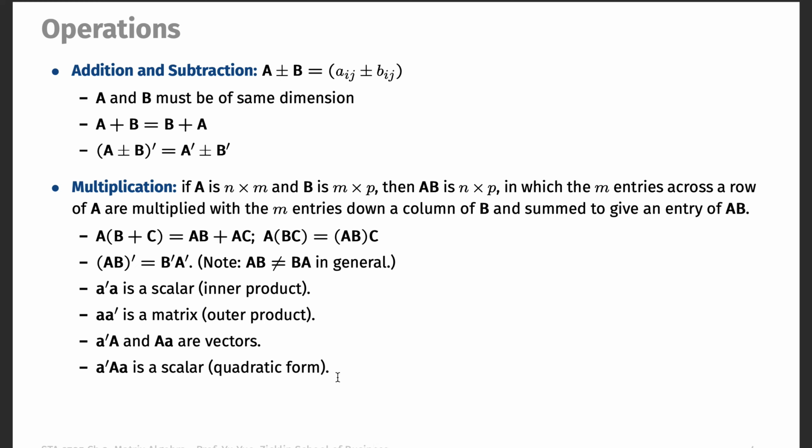Okay. So what are the operations we can apply to matrices? We have addition and subtraction. We write A plus B or A minus B, and they must have the same dimension.